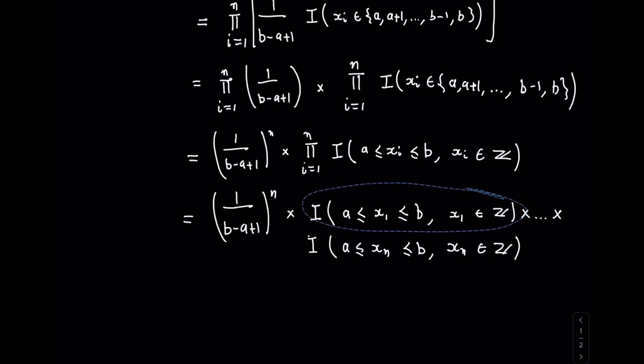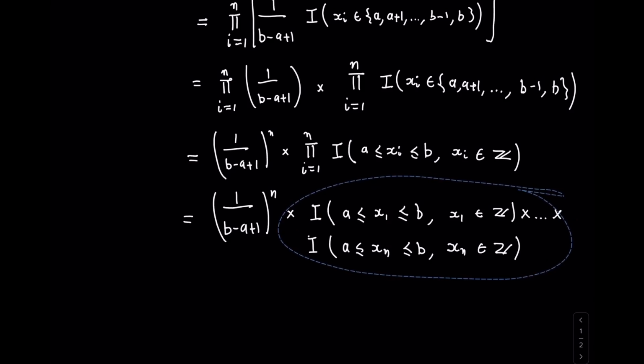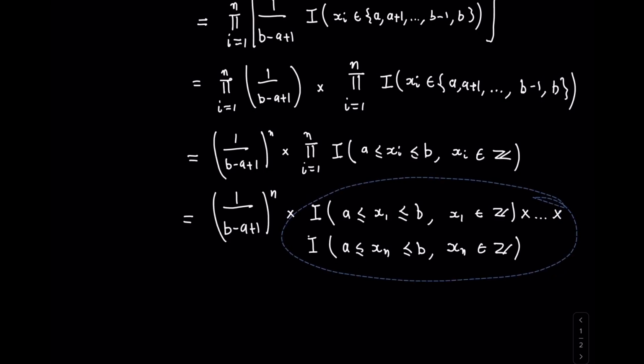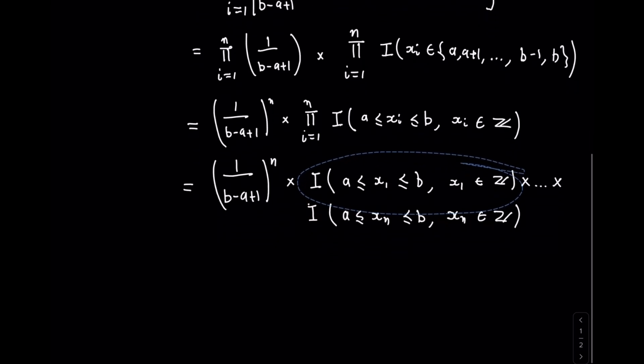If any of the indicator functions in this series of multiplications is equal to 0, then the whole multiplication collapses to 0. So the only way you can get 1 out of this product is if each of the statements is true, and so you arrive at a new indicator function. That indicator function will be given as the following.